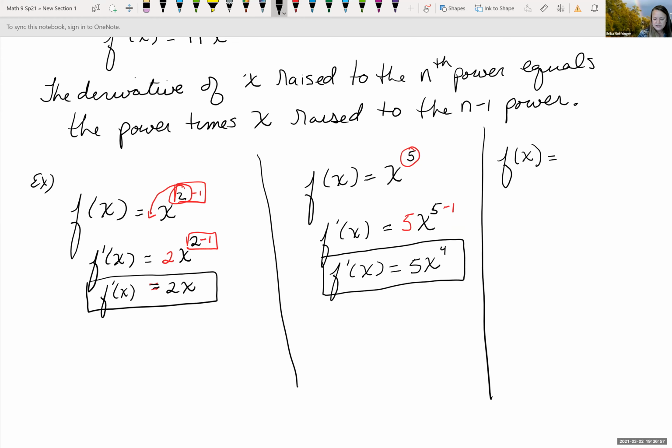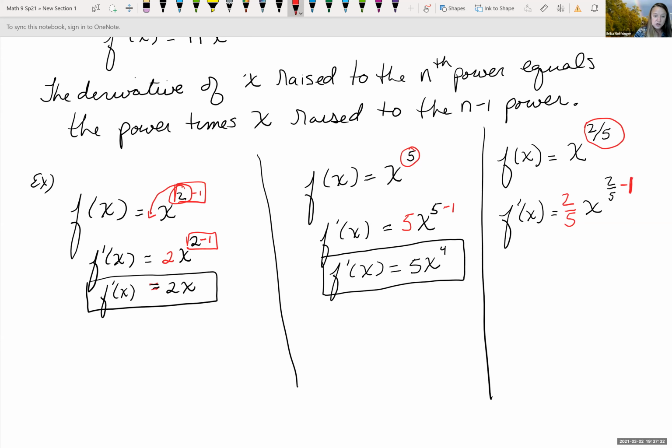What if it was f of x equals x raised to the 2/5 power? Same idea, 2/5 is still a real number. We take our power and bring it down front. So f prime of x is equal to 2/5 x, and I subtract 1 from this power.